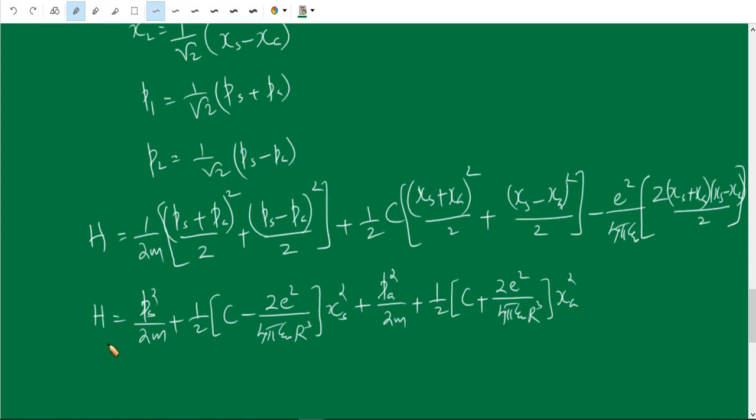So we have separated the Hamiltonian into the symmetric Hamiltonian and the Hamiltonian of antisymmetric motion.